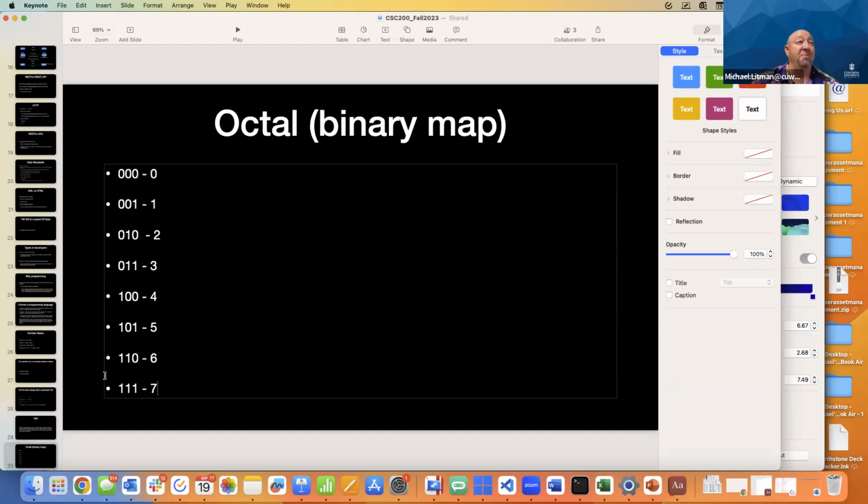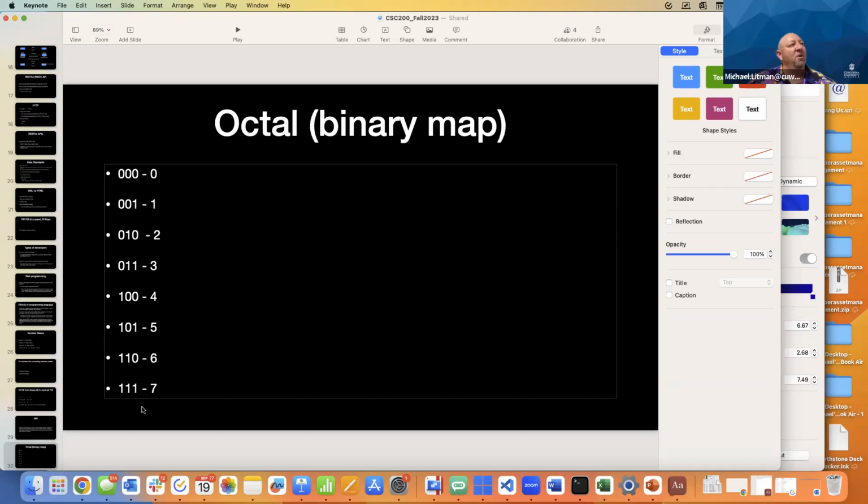We can't represent that with 3 bits because we run out of permutations of 3 bits at 8 unique representations. There are 8 unique ways to write 3 zeros and ones next to each other. That makes sense? Which just happens to be exactly the number of things we need to represent for the octal number system. We need 8 unique representations for 0 through 7.